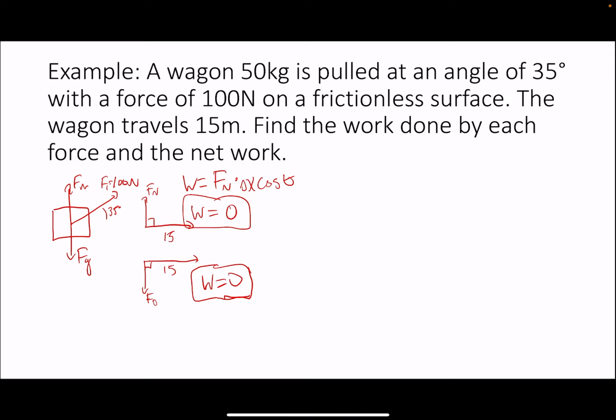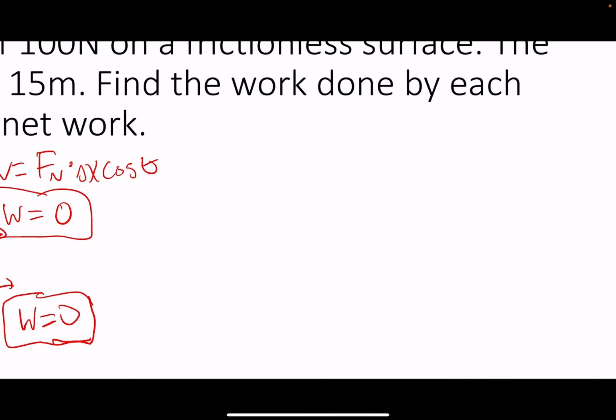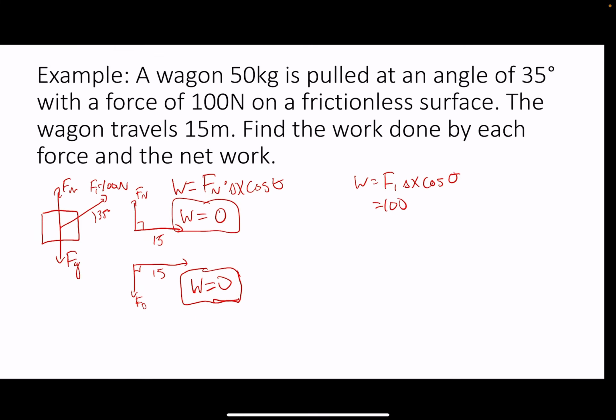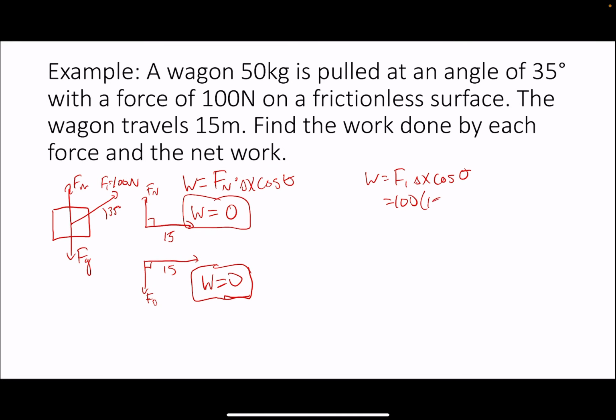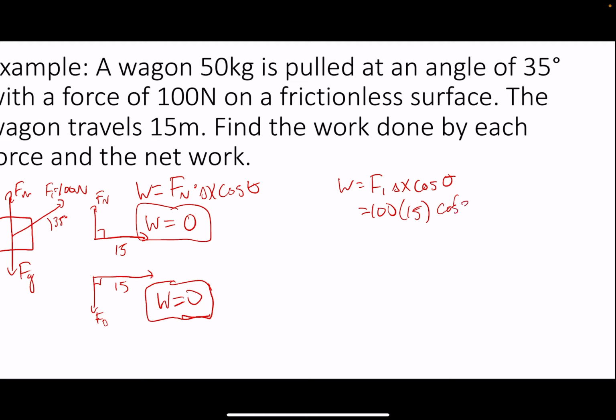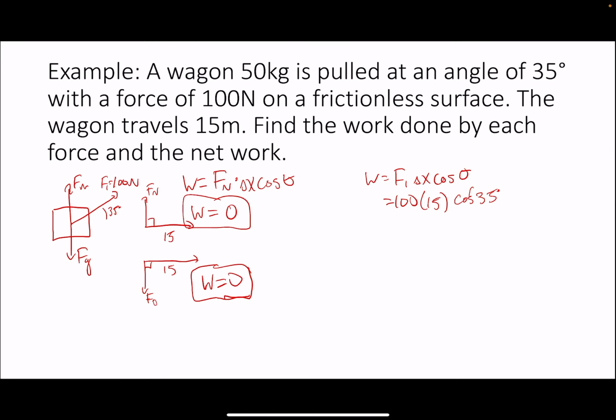The only force we really have to worry about is the applied force. So what is the work done by the applied force? Well, the applied force was 100. The displacement was 15. And the angle between them was 35. But let's double check that. Don't ever just guess. Draw your displacement. Displacement's to the right.